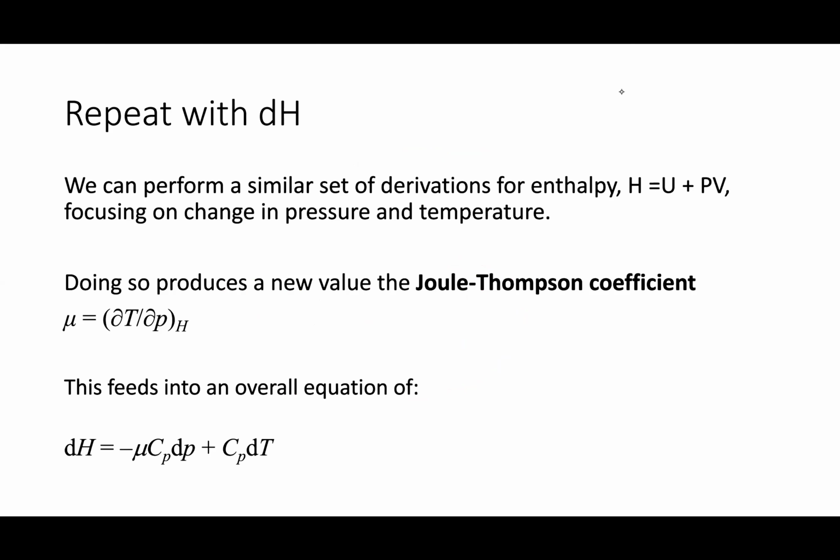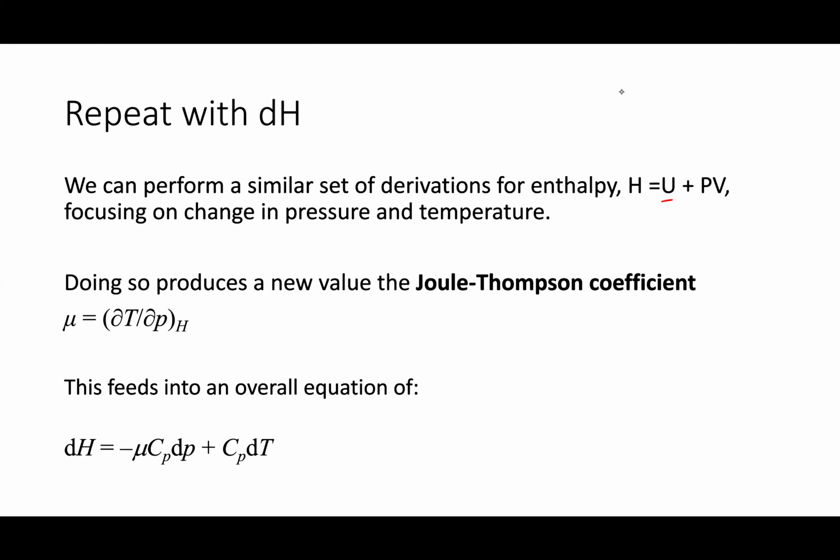Now, if we want to do the same thing with H instead of U, we know the definition of enthalpy is U plus PV. Same set of things: we're going to focus on the change in pressure and temperature. If we do so, we get the new value of the Joule-Thomson coefficient. This is mu, dT over dP at constant enthalpy.